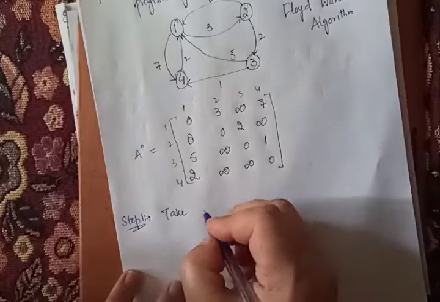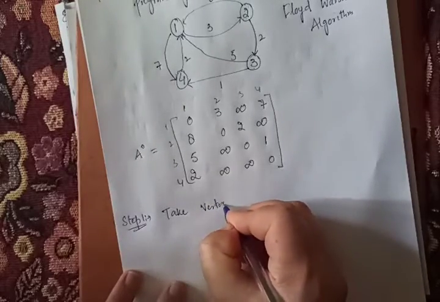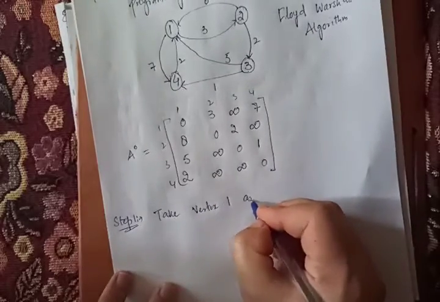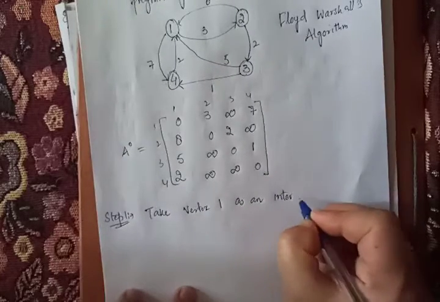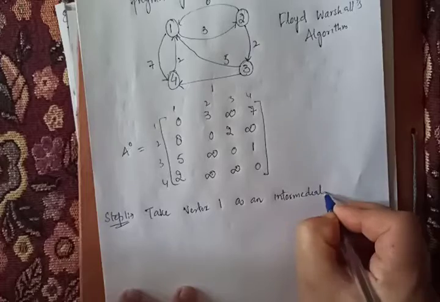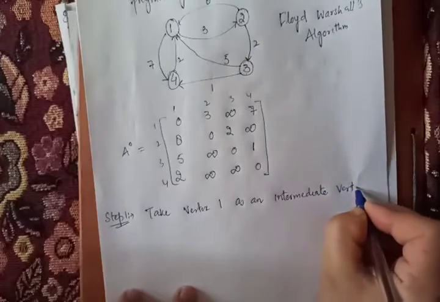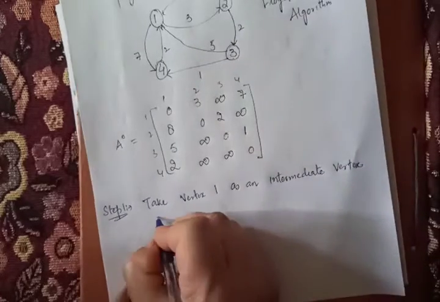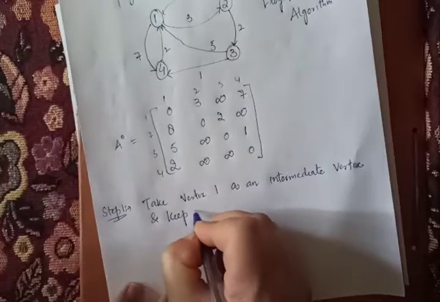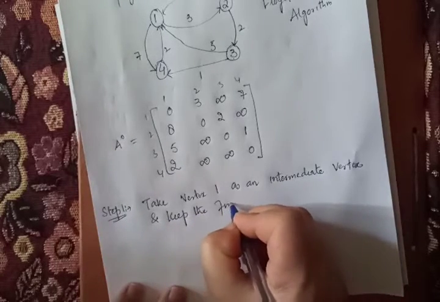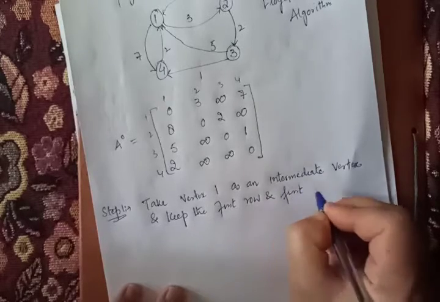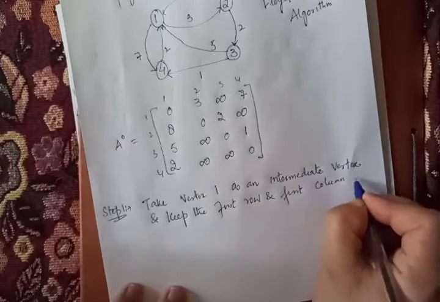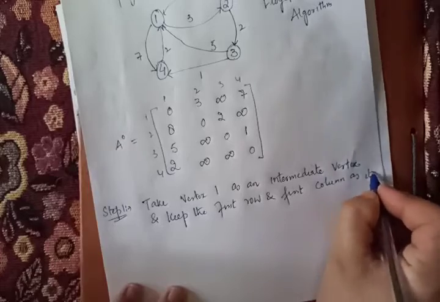Take vertex 1 as an intermediate vertex and keep the first row and first column as it is.